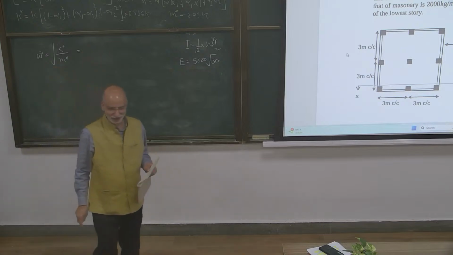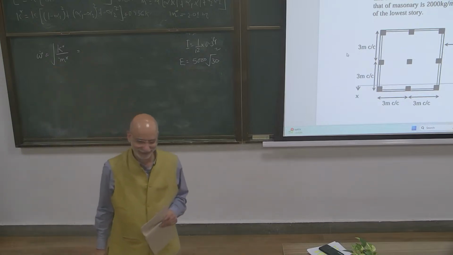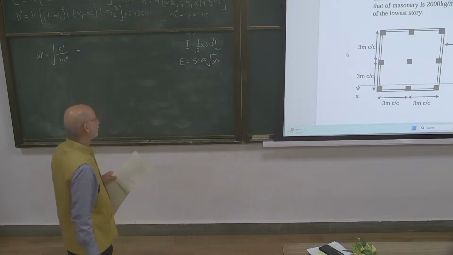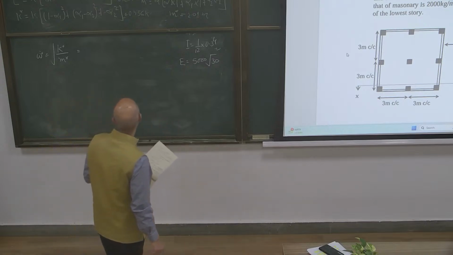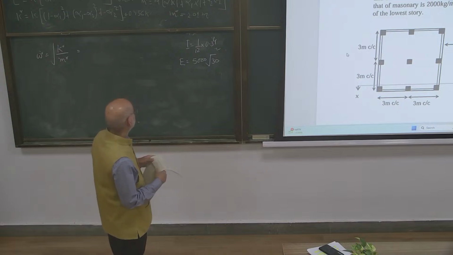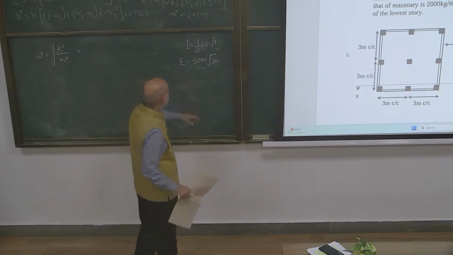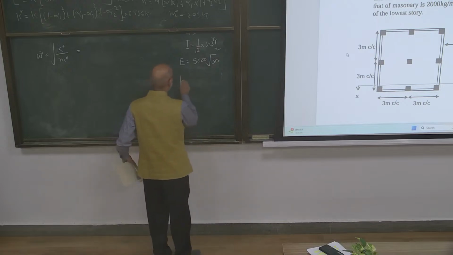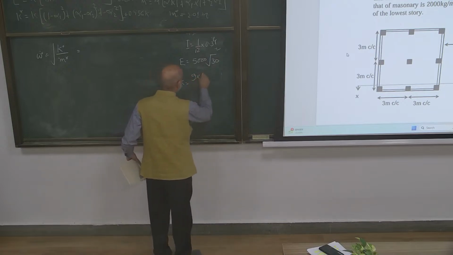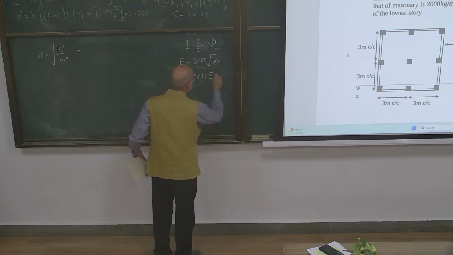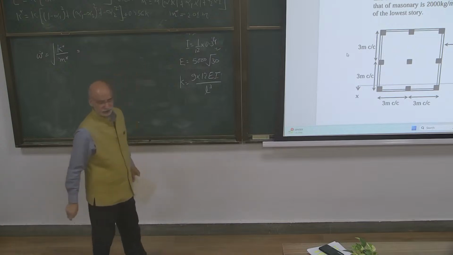You're getting some odd number. Let other people see. Because K should be very large, no? K is how much? This is your K, no?